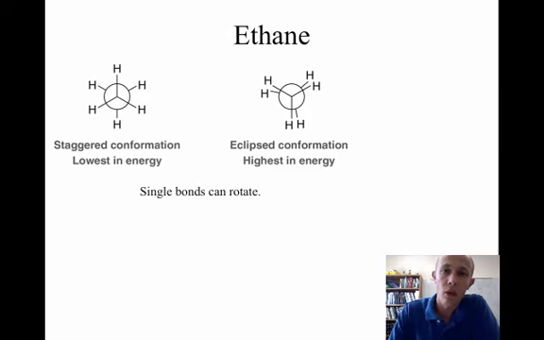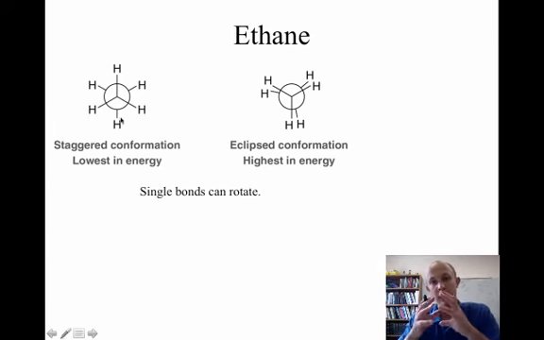So the reason that we want to learn how to draw Newman projections is because these molecules are constantly rotating. The bonds are rotating, and we want a way to depict that on paper. So you can imagine in ethane, this carbon can rotate around and this back carbon can rotate around. We have infinitely many different conformations or ways that these atoms can be arranged as that bond rotates around.